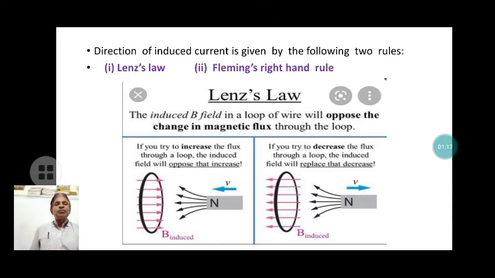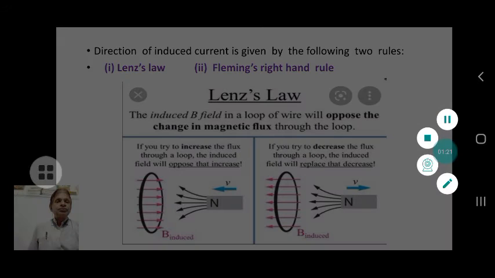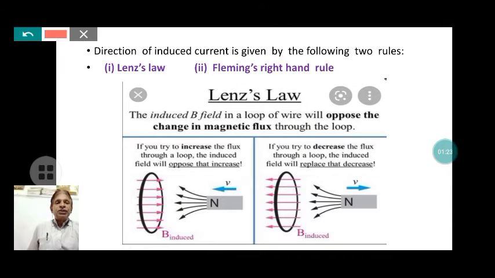through the coil. The induced field B in the coil loop of the wire will oppose the change in the magnetic flux through the coil.